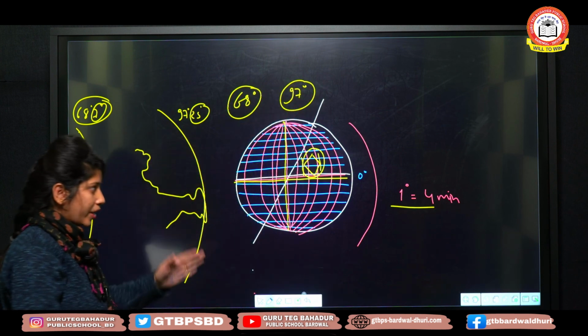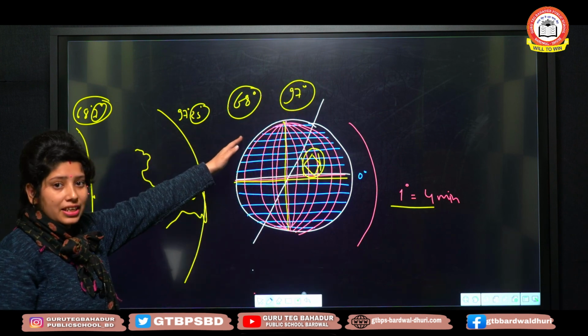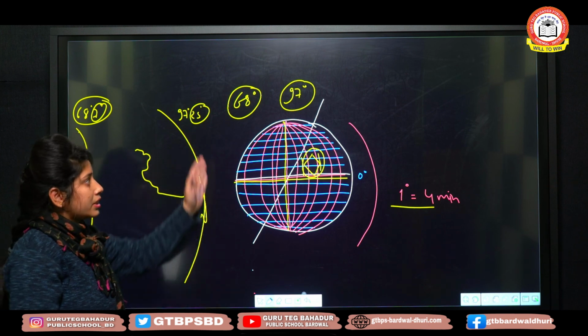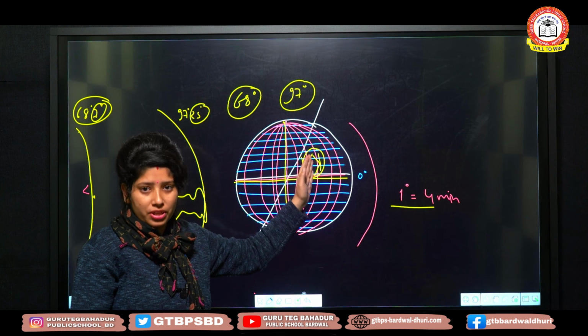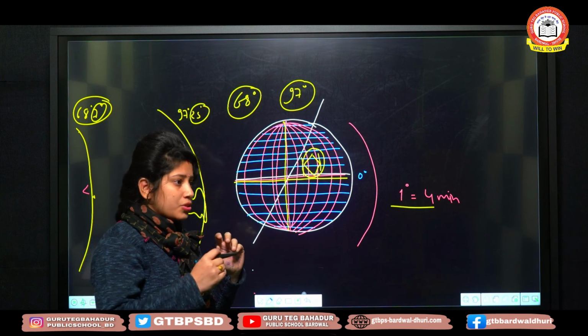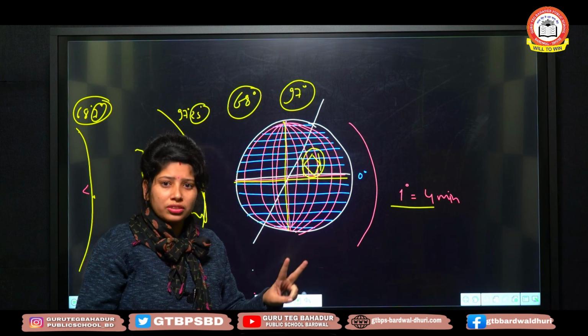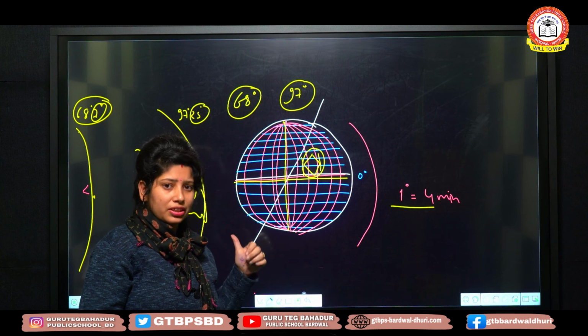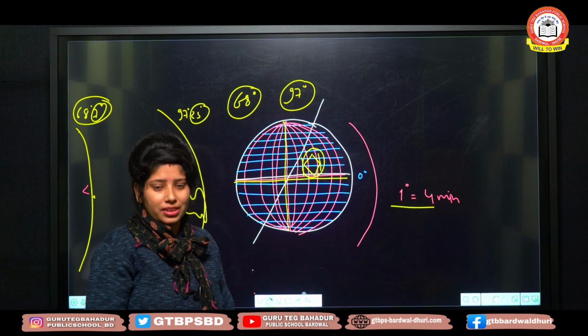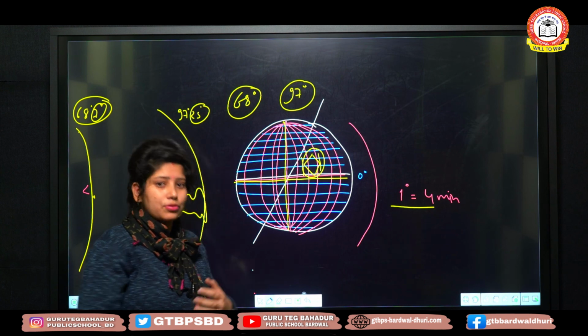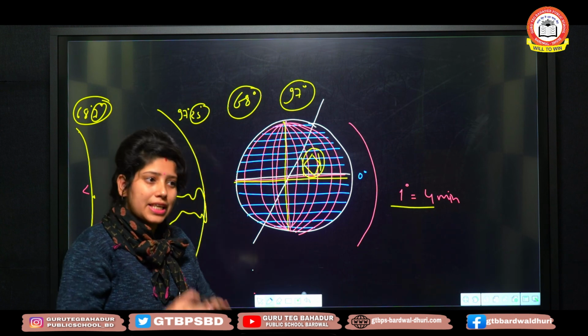The state located at 68 degree is Gujarat. The state located at 97 degree is Arunachal Pradesh. So should we start using two clocks, one for Gujarat and one for Arunachal? No, it's not a great idea, because we have to move our economy at the same pace.